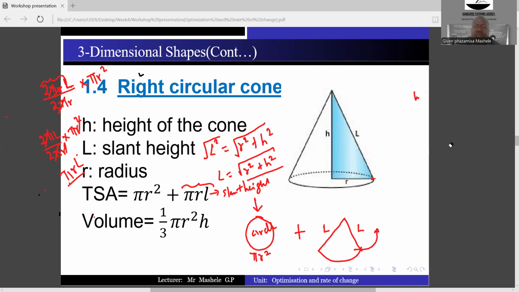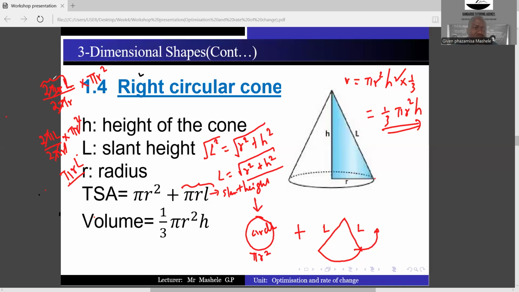Remember the volume of a cylinder is given as pi r squared h. So if we determine 1/3 of the volume of the cylinder, it will give us the volume of a cone, ladies and gentlemen. So I believe you are following.